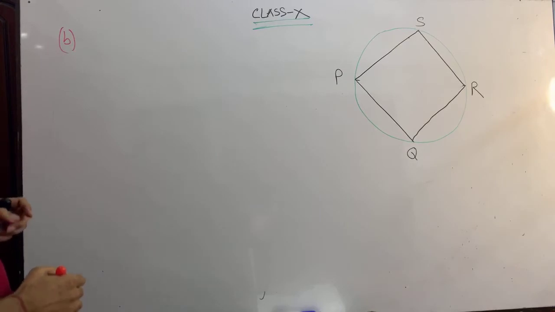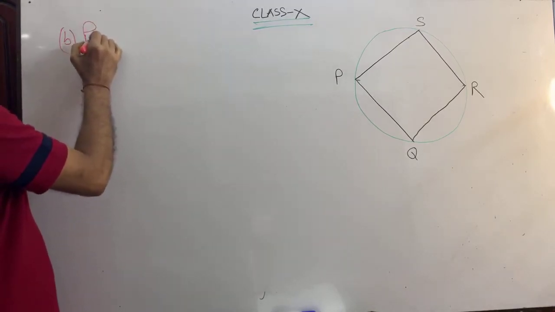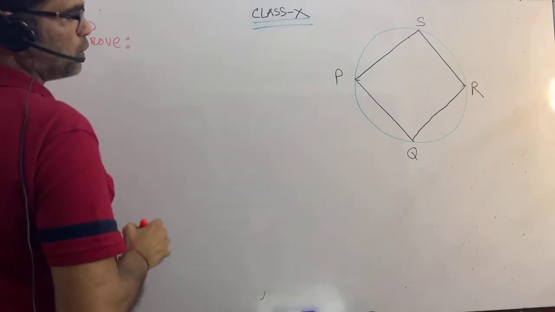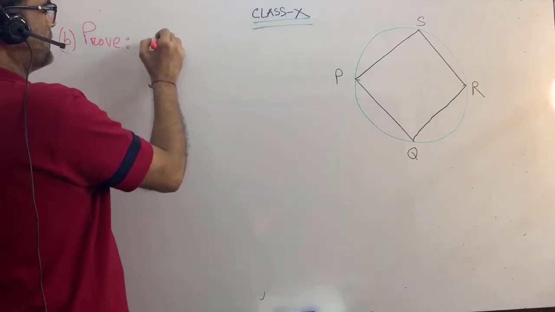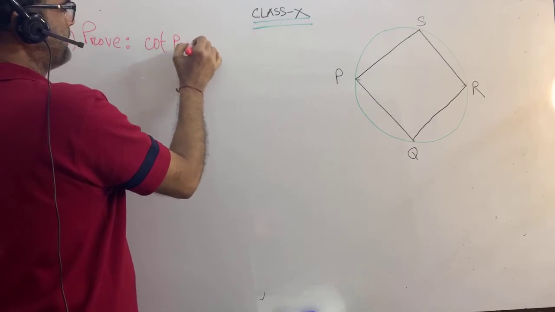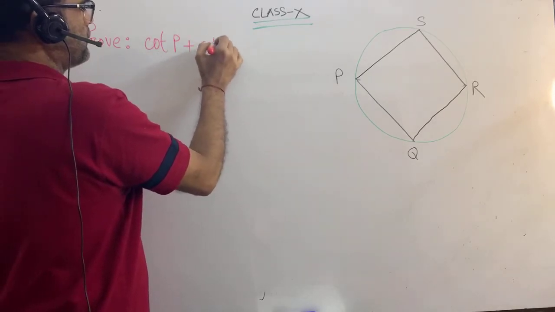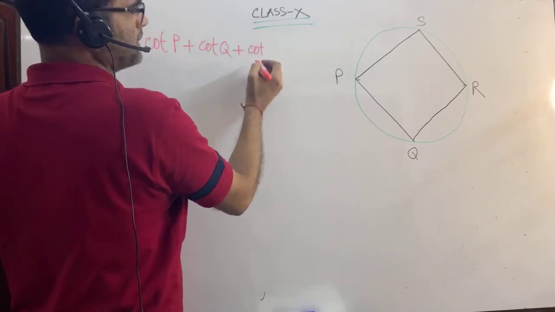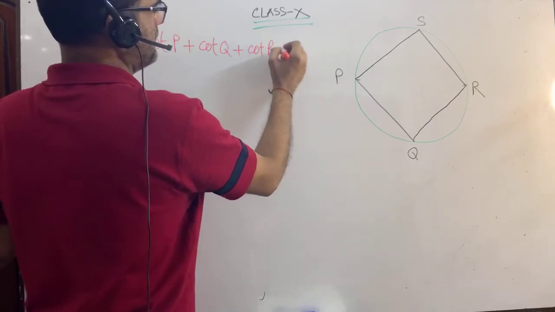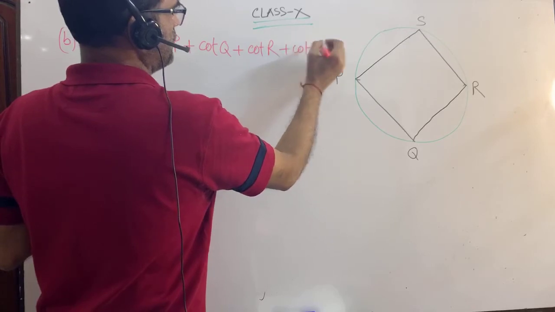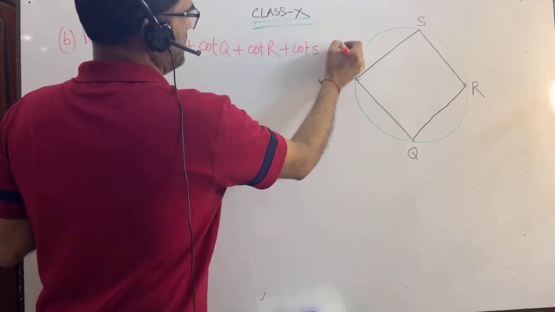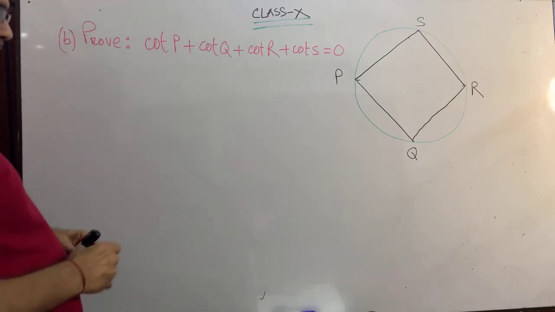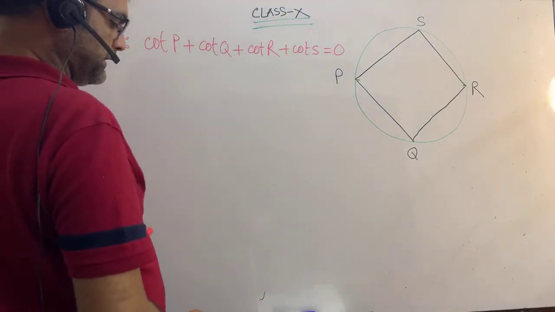In question number B, you have to prove that cot P, cot Q, cot R, cot S equals 0. You have to prove all this.